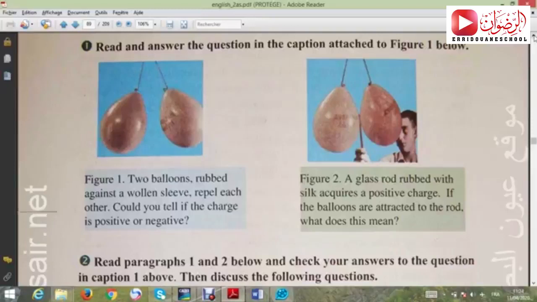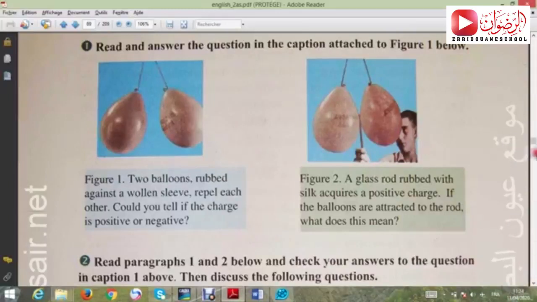Could you tell if the charge is positive or negative? If the balloons go away from each other, are they charged positively or negatively? We're going to see this later. Also, we have figure 2 here: a glass rod, rubbed glass rod.